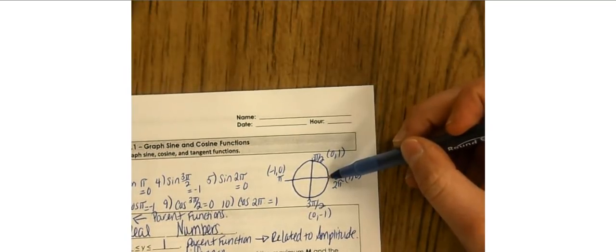And so whenever we are coming up with our ordered pairs, the way that we are able to come up with our x values is that pi over 2 represents 1/4 times your period. We're going to talk about how to find your period in just a second.